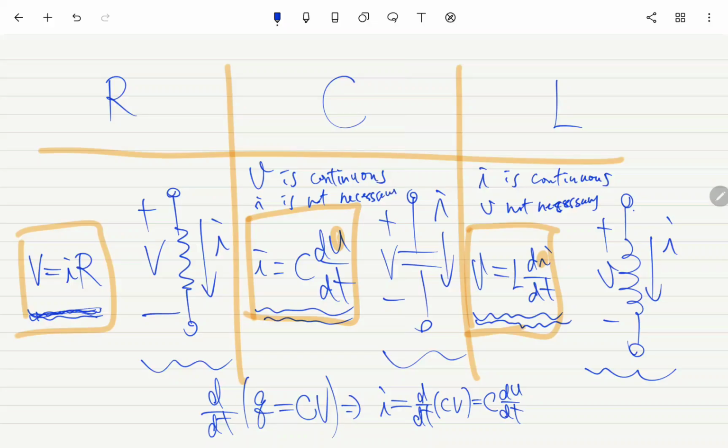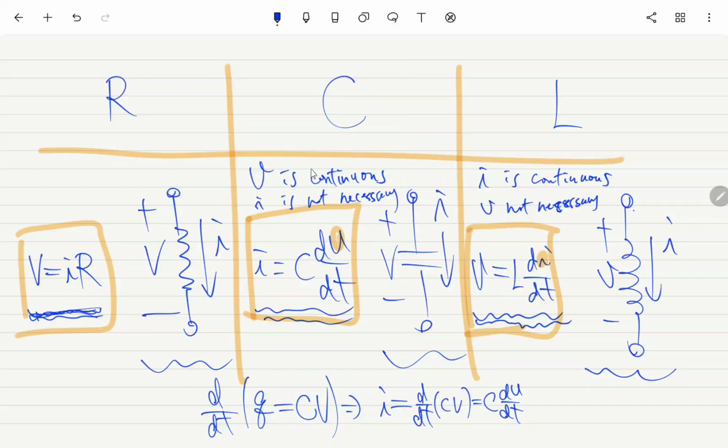When you learn calculus, you know that differentiable is stronger than continuous, but practically, V is only necessary to be continuous, and I is only necessary to be continuous. If it is continuous but not differentiable, it will be something like, I is not differentiable at that point.